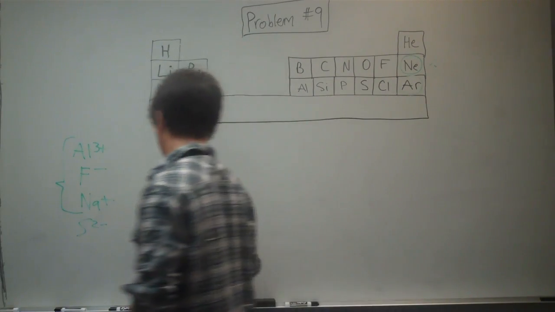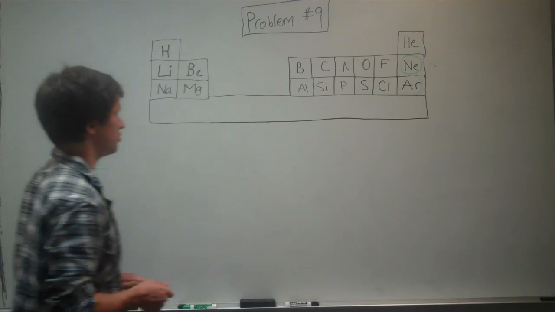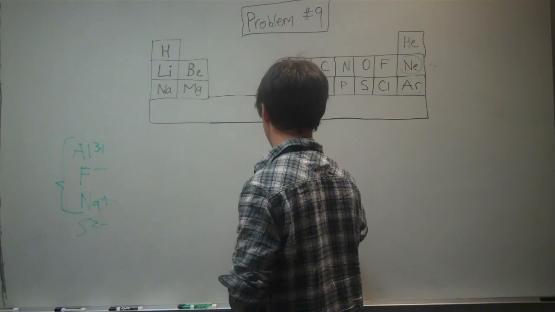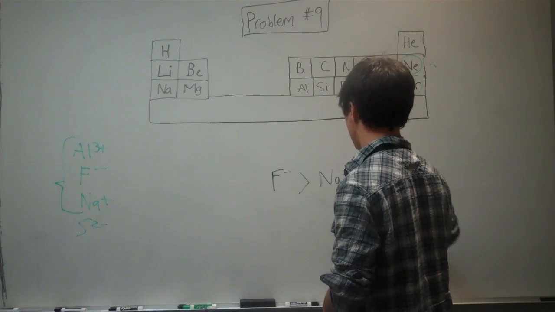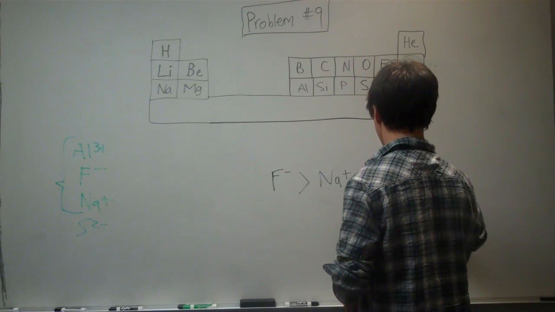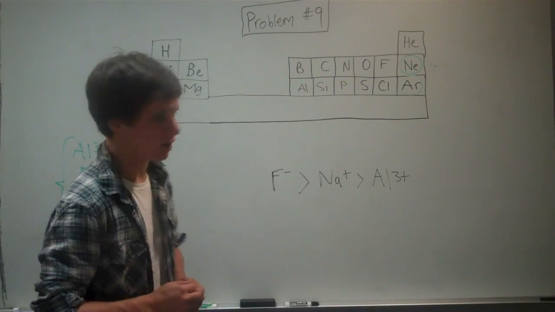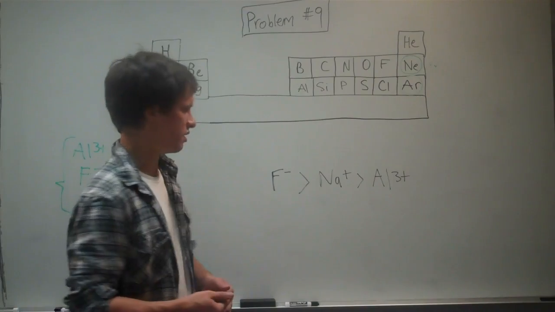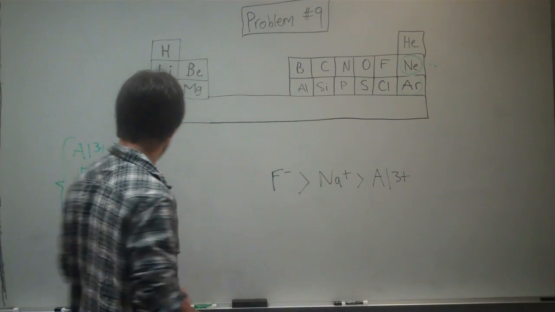So for now, since these 3 are isoelectronic with each other, we can say that F- is bigger than Na+, which is even bigger than aluminum 3+. All I did was look at the charges, and since they're isoelectronic with each other, the most negative one is definitely the largest.